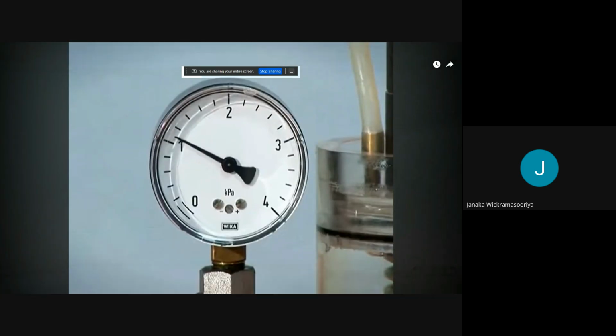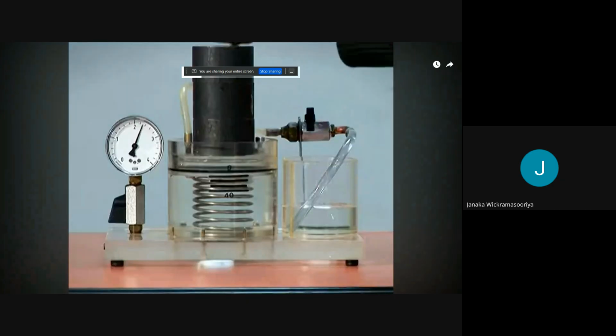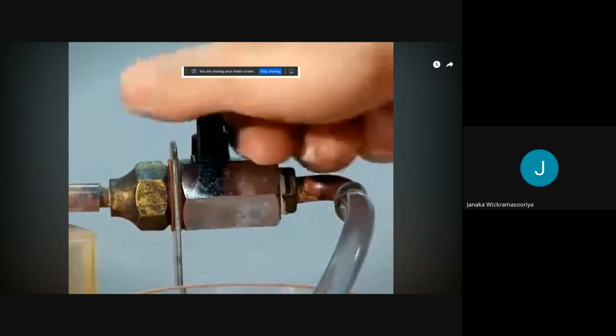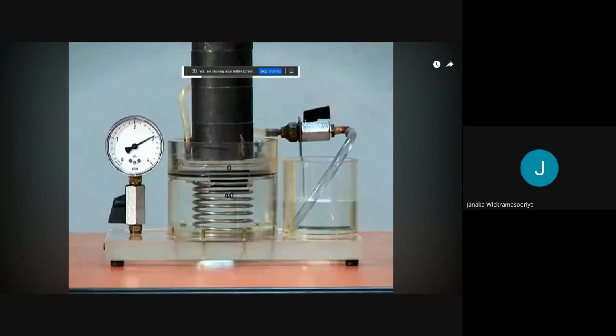The load is increased, therefore the water pressure is increased, right? Then the drainage is open.